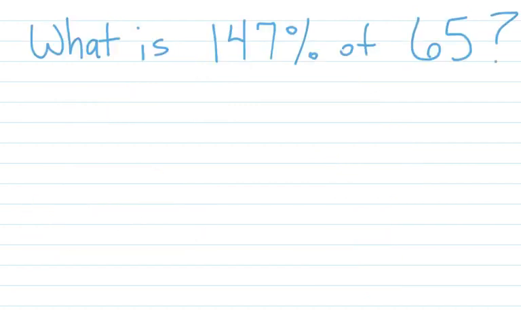Okay, here's another example. This time we have a percent that is actually more than 100%, so that's okay. But it makes sense if I have more than 100% of something, then my answer is going to be more than the number that I'm starting with, 65. Because 100% of 65 would be 65. It would be all of that 65. So now I'm going to have all of that 65 plus another 47% to deal with.